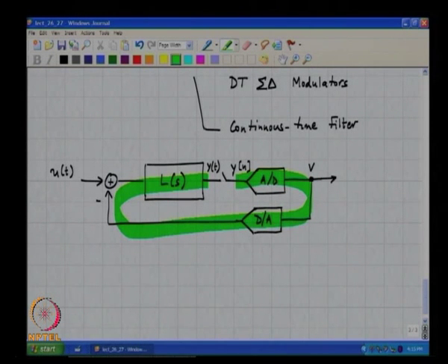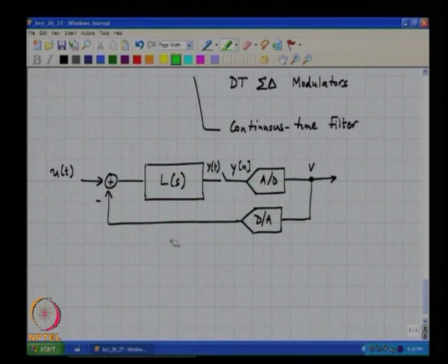Now u of t is not a sampled waveform, okay. U of t is continuous time. There are several advantages to doing this, as we will find out going forward, all right. And this way of realizing the loop filter results in what is called continuous time delta sigma modulation.